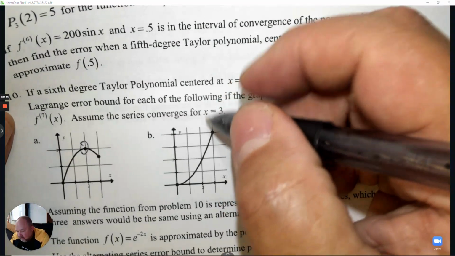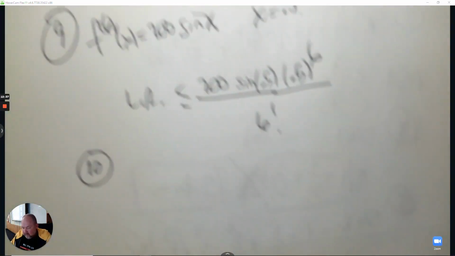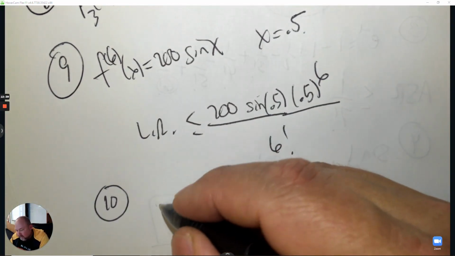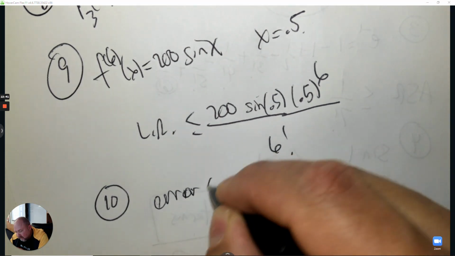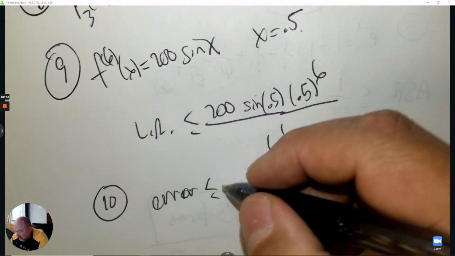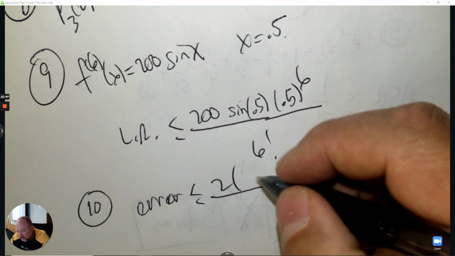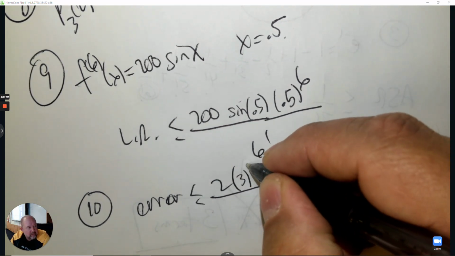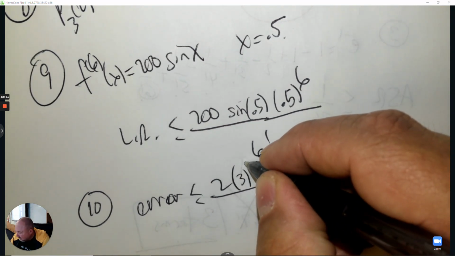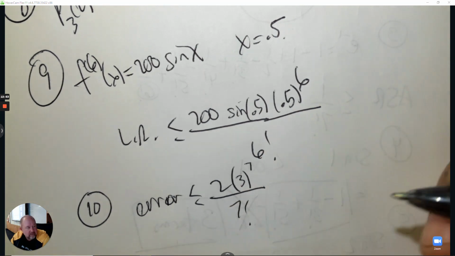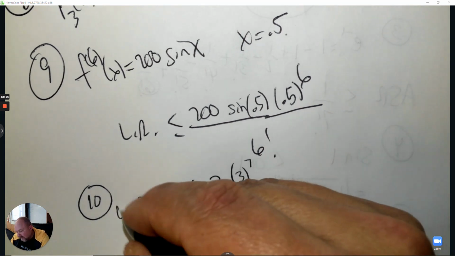And for x equals 3, the error would be less than or equal to, so we use that y value 2, and then it's going to be 3, because it's centered at 0, so this is 3 to the exponent 7 over 7 factorial. Then that's A.